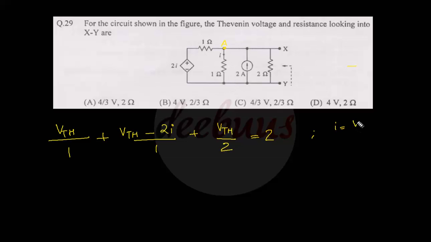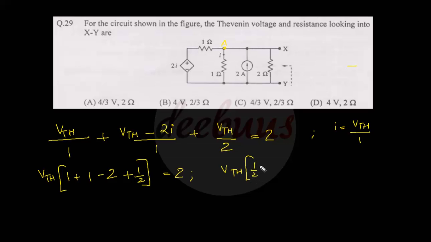So I equal to VThevenin by 1, right? So I am substituting and taking VThevenin common. VThevenin into 1 plus 1 minus 2, only minus 2, plus 1 by 2 equal to 2. So VThevenin into 1 by 2 equal to 2, or VThevenin turns out to be 4. So VThevenin is 4 volt.